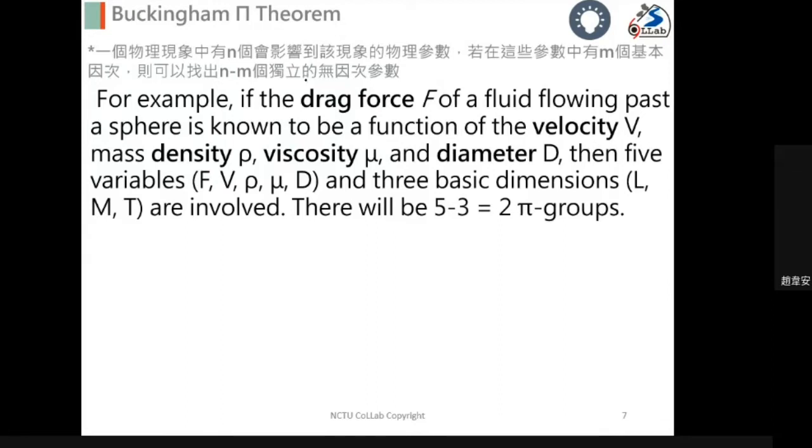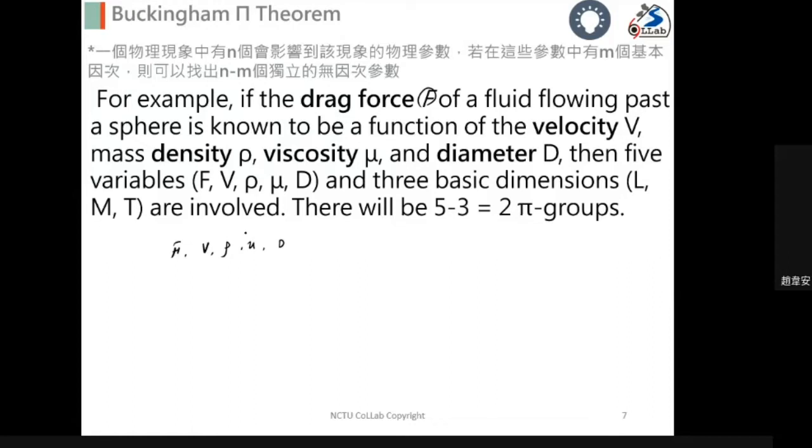Before we do the dimensional analysis, we need to know how many dimensionless parameters we will have in our prototype. For example, consider the drag force. We know that the drag force is a function of the velocity, the density, the viscosity, and also the pipe diameter d.